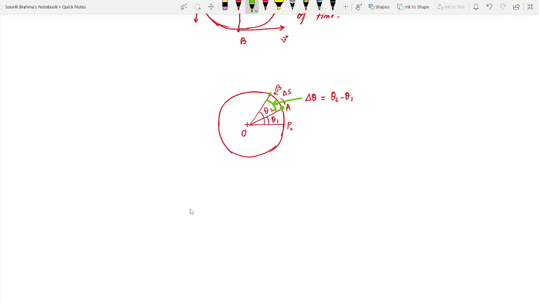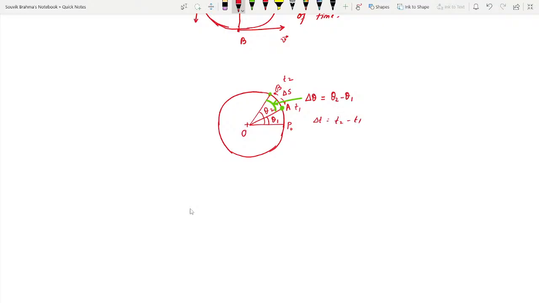Okay, now I can say another thing. If the time interval, let's suppose initially when it reaches A point, it is at t1 time, and at B point it is t2 time. So time interval delta t is nothing but t2 minus t1.